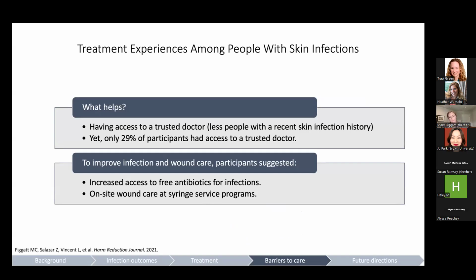Yet only about 30% of people actually had access to a doctor that they trusted. And overall, when we asked people what they would prefer in terms of improving infection and wound care, they suggested increased access to free antibiotics and on-site wound care at syringe service programs.